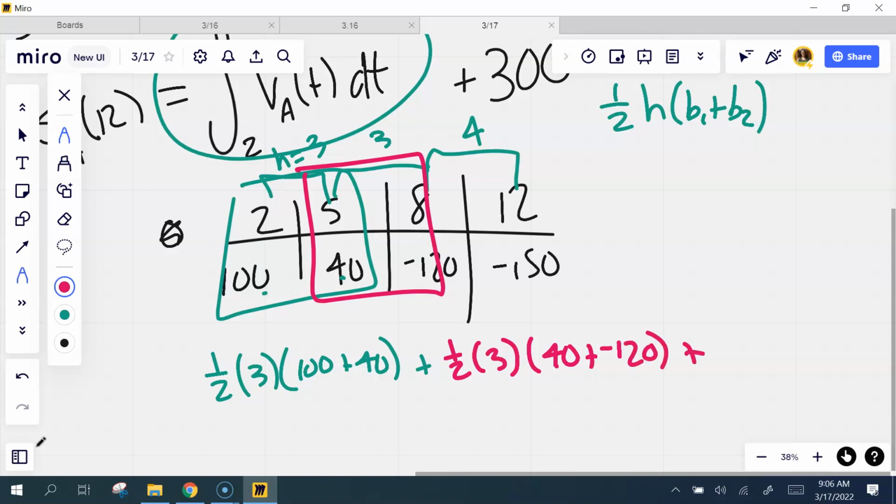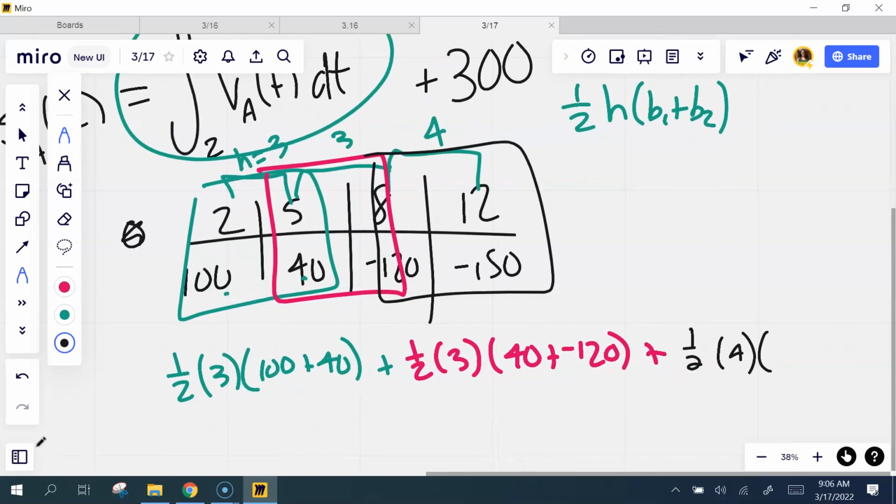I thought this was a bit extensive to not have a calculator. And then the last one, 1/2 times 4, negative 120 plus negative 1.